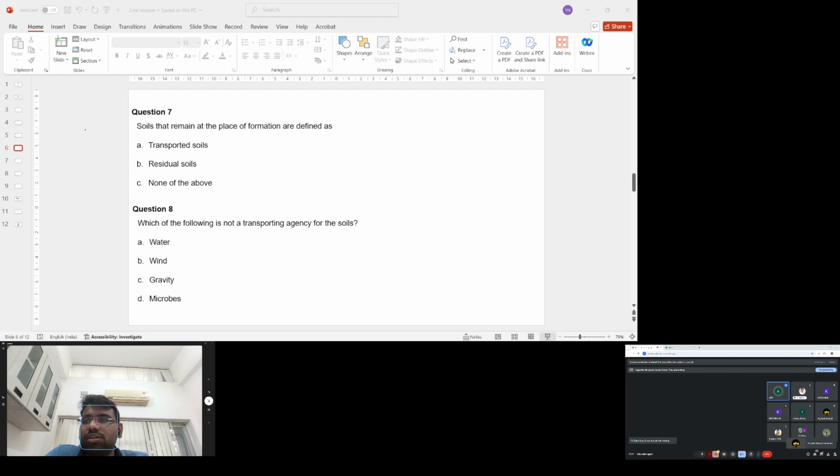Essentially, those are products of chemical weathering. For example, on the west coast we have a large extent of montmorillonite, or black cotton soil, in layman terms. It is a residual soil, essentially due to the chemical weathering of basalt.